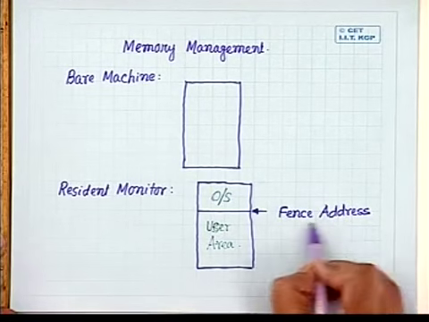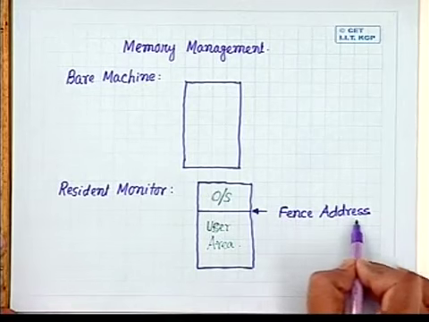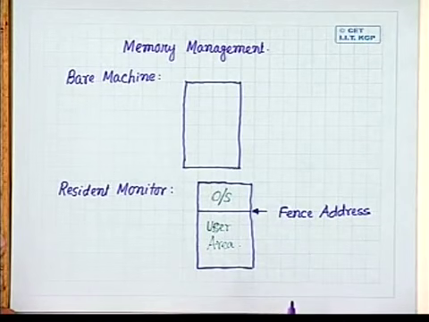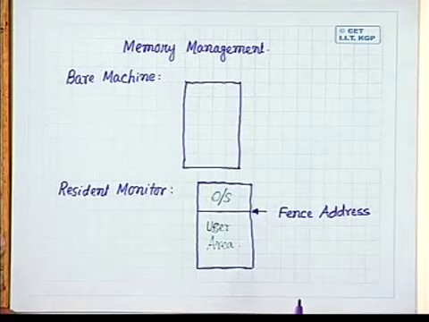Now the question is how to implement this fence address. There is one option that this fence address can be placed in hardware. Whenever the user tries to access any memory, the memory address has to be compared with the fence address. There are two ways in which this comparison can be made. One is software.